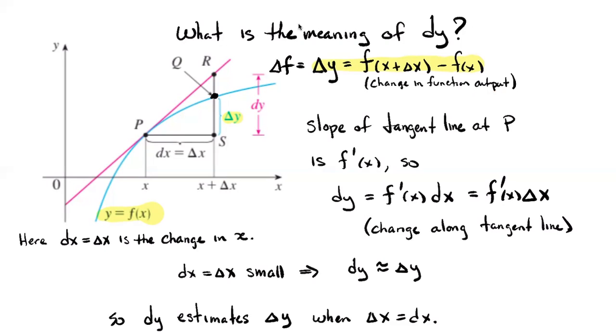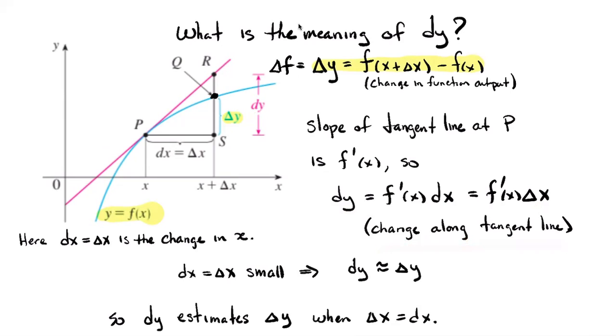Cool. We've already talked about the slope of that tangent line is f prime of X. So this differential, dy, this f prime of X dx, if we give that independent variable dx the value delta X, then the differential in that case is the change along that tangent line.